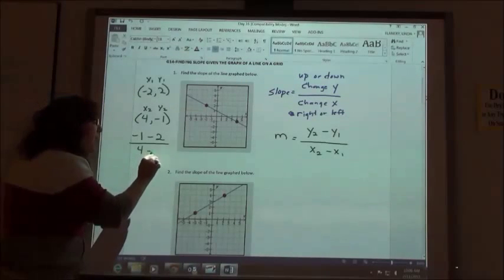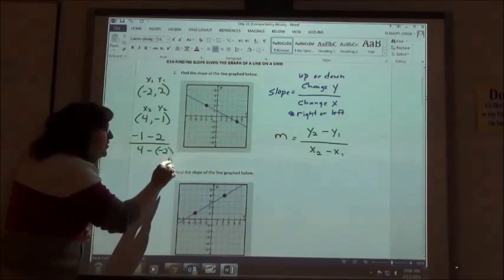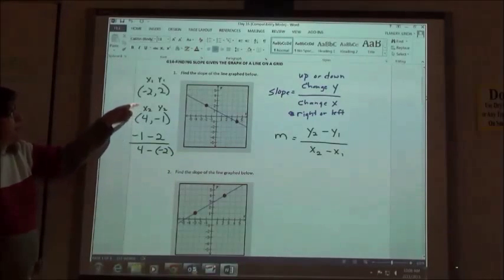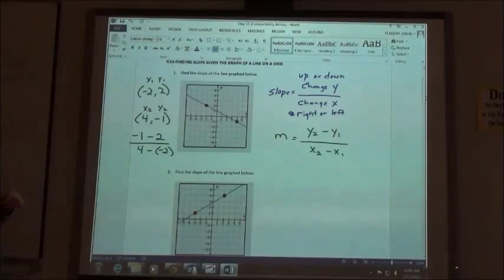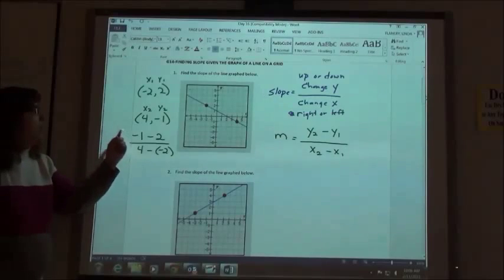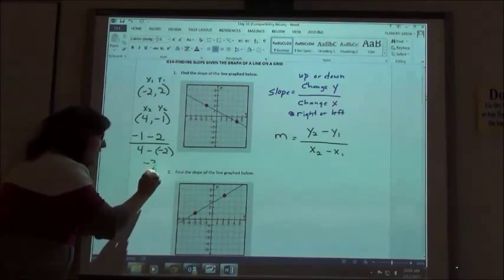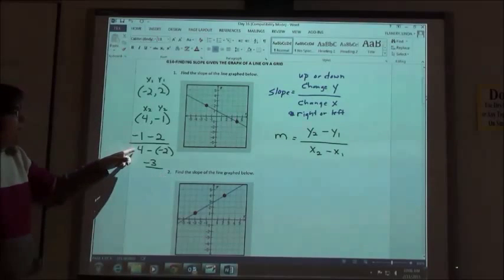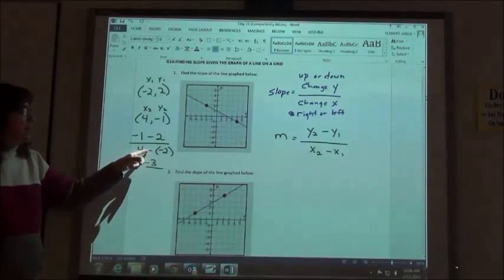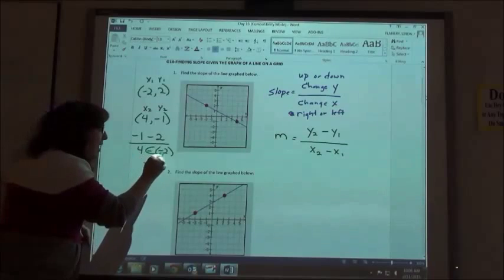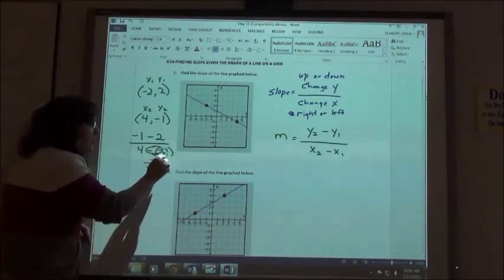So I'm going to subtract a -2. So if I'm doing my slope here, -1 minus 2 would be -3. 4 minus a -2, when I subtract a negative, I end up adding, 4 plus 2 is 6.